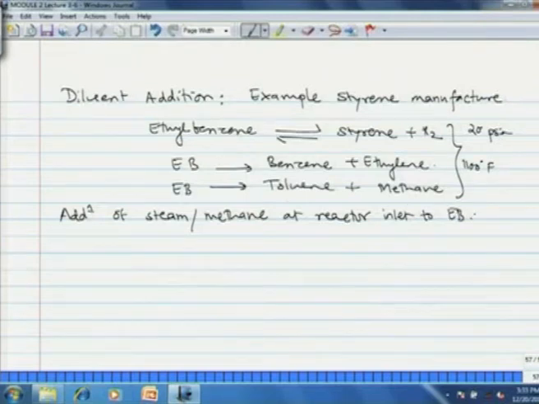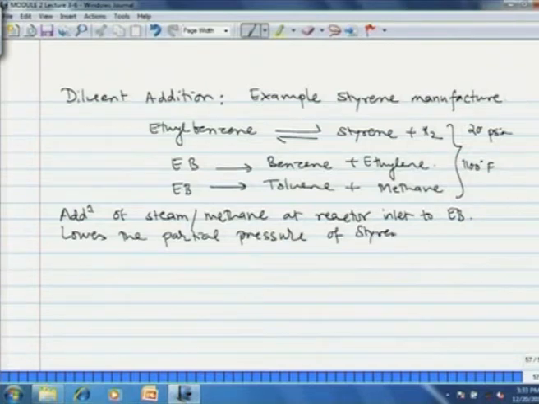What it does is that it lowers the partial pressure of styrene and hydrogen. And therefore, it helps shift the equilibrium of the first reaction, ethyl benzene going to styrene and hydrogen, to the right side.